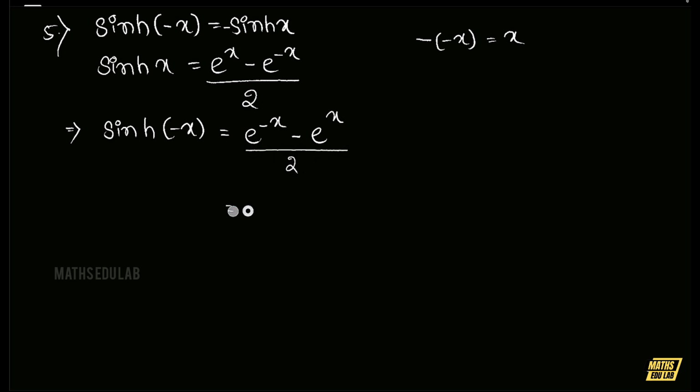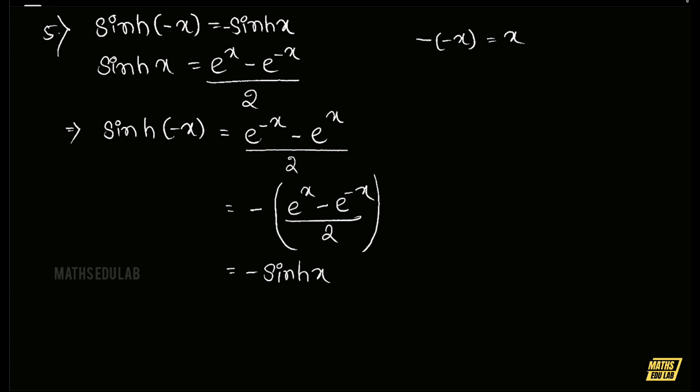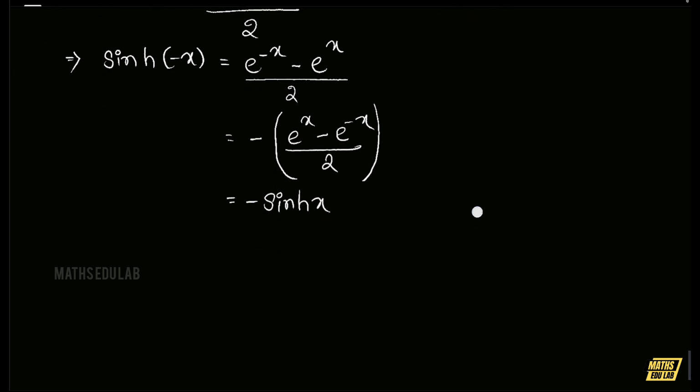By taking the negative value outside, we can write it as minus of e to the power of x minus e to the power of minus x by 2. So this is our minus sinh hyperbolic x. If you see this one, this is our sinh hyperbolic x value. So sinh hyperbolic minus x is equal to minus of sinh hyperbolic x.